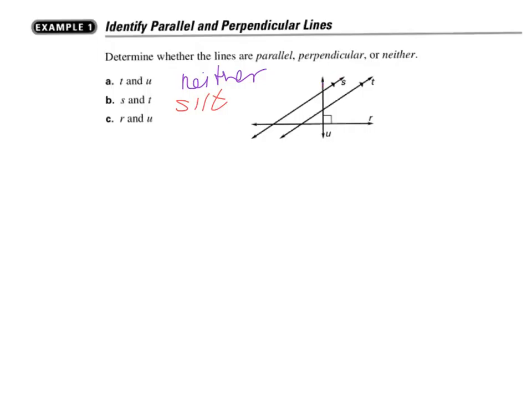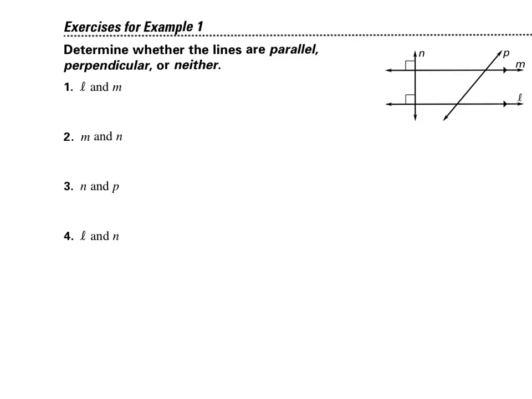And so that's S and T. The third one is R and U. R is here, U is here. They intersect, and at the intersection, there's a right angle. So R and U are perpendicular to each other. Here are some exercises. Give it a try yourself, and I'll check in with you.